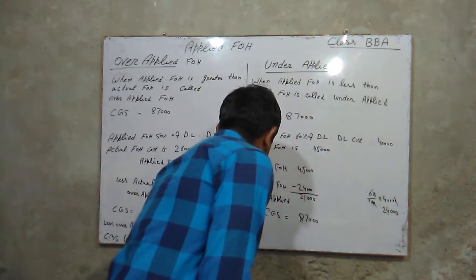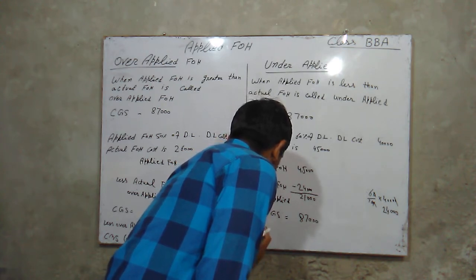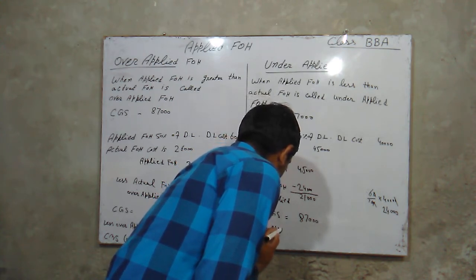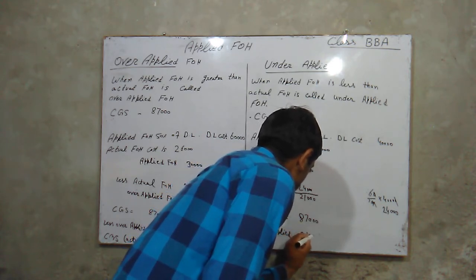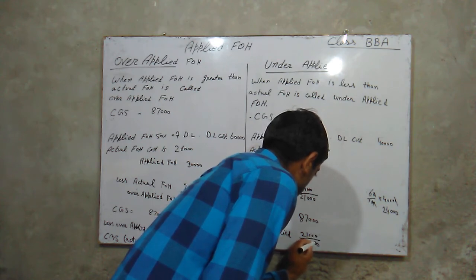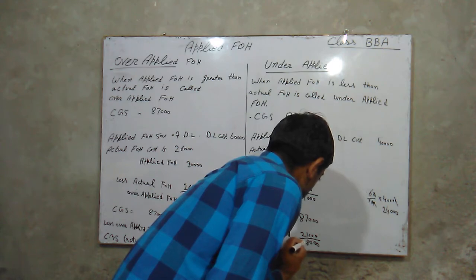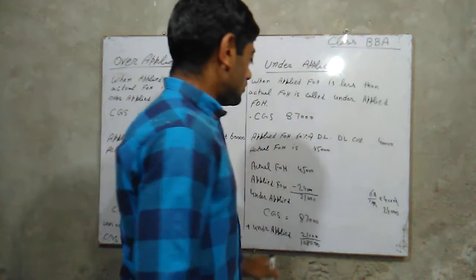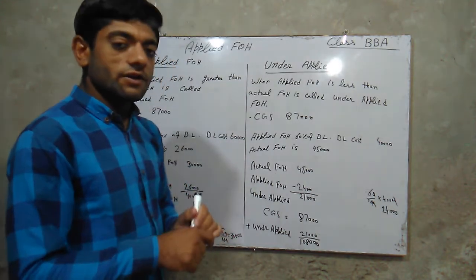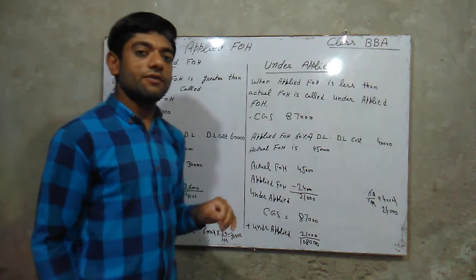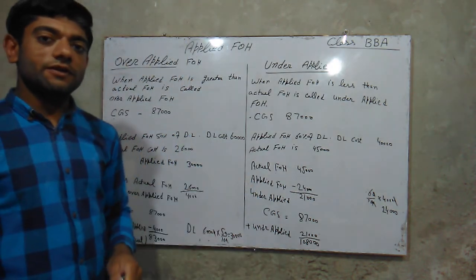So underapplied is added to the cost of goods sold, which gives 1,08,000. So in this way you can calculate underapplied and overapplied factory overhead. This is the full treatment of under and overapplied factory overhead.